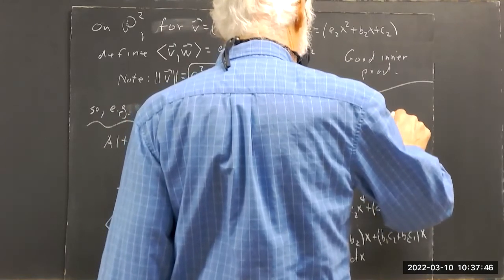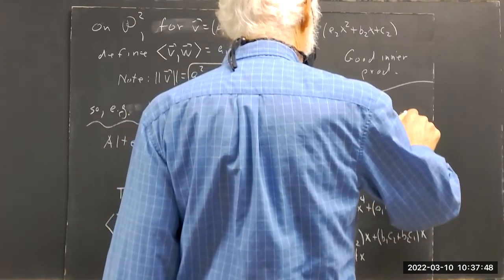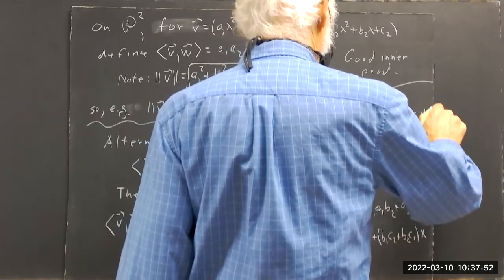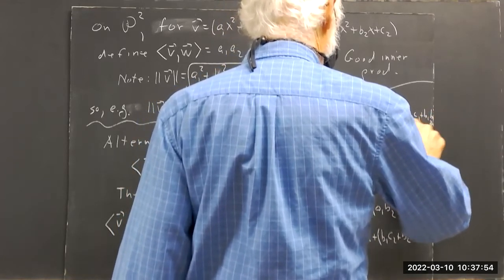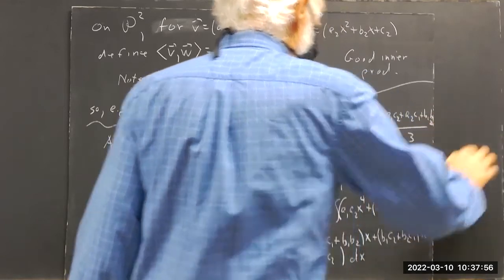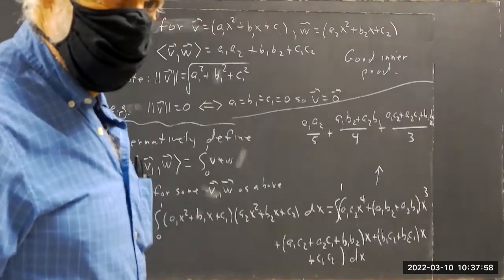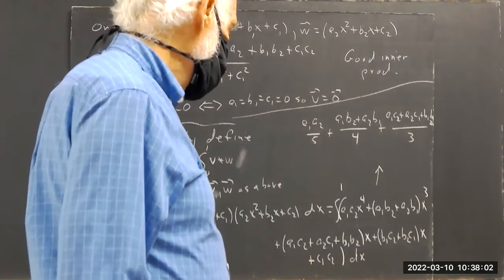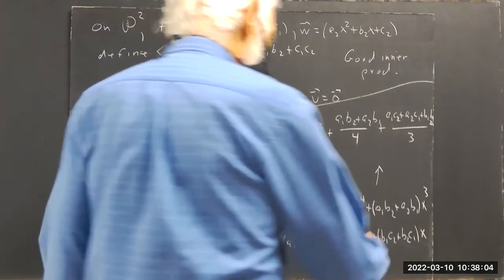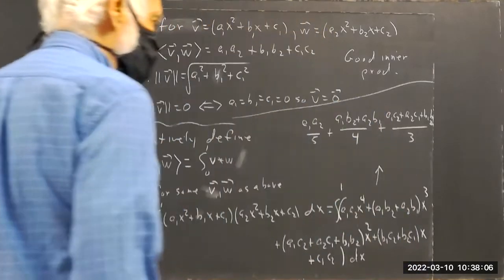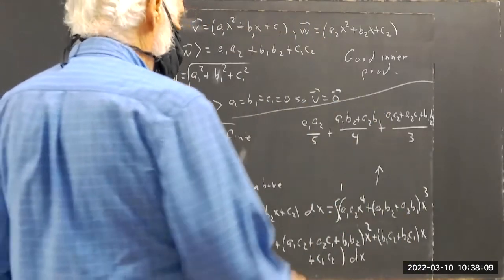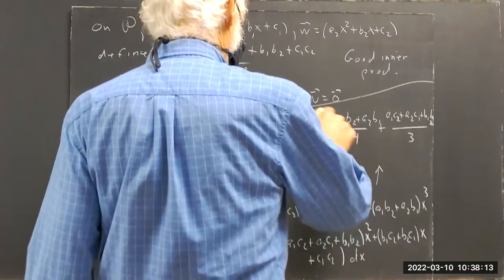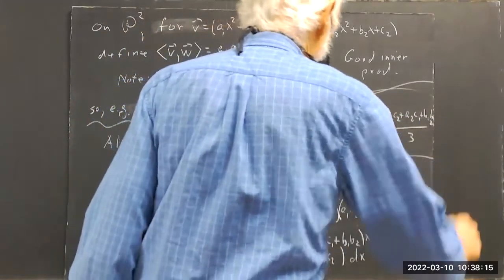Then it's a little hard to read that, but you should know what's going to happen. And this should have been x squared here. I'm not going to write out the rest.